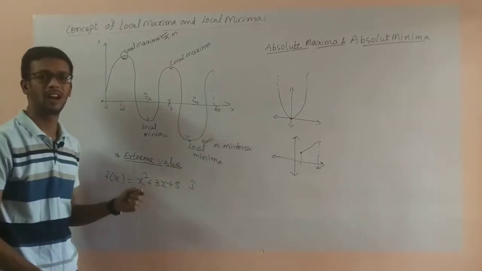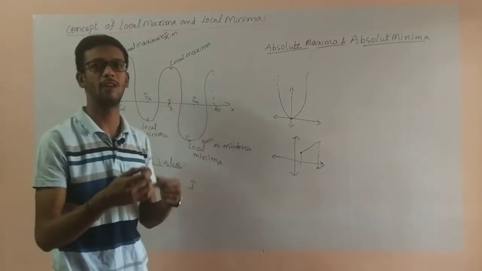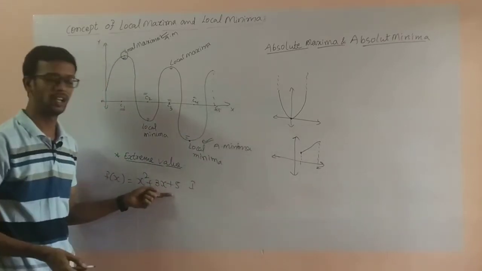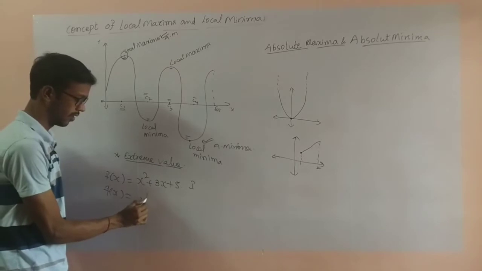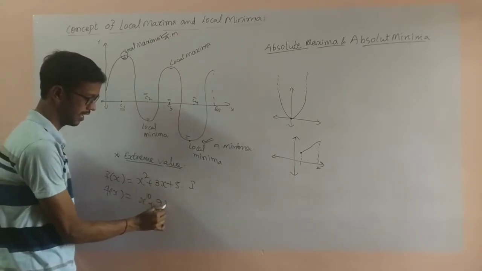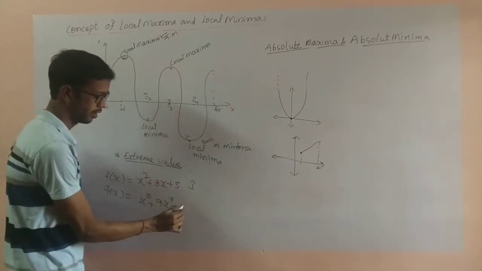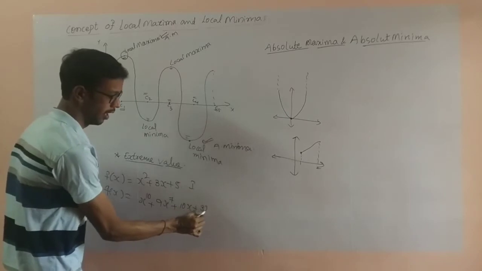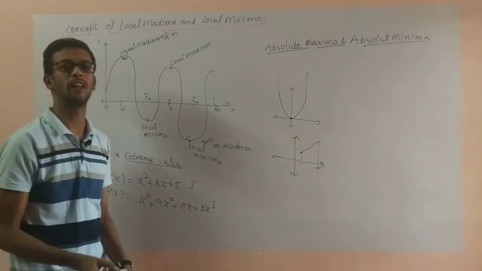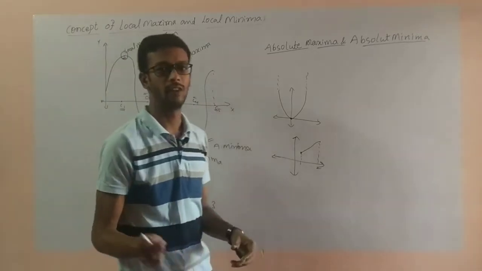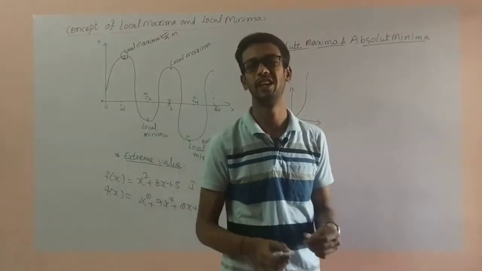That time how will we draw the graph? This is a simple equation, you will get it easily. I will give one more example, x power 10 plus 9x power 7 plus 10x plus 3x cube. This type of function is there. How to draw the graph? We can't draw the graph of that function. Even if drawing, it is very difficult.